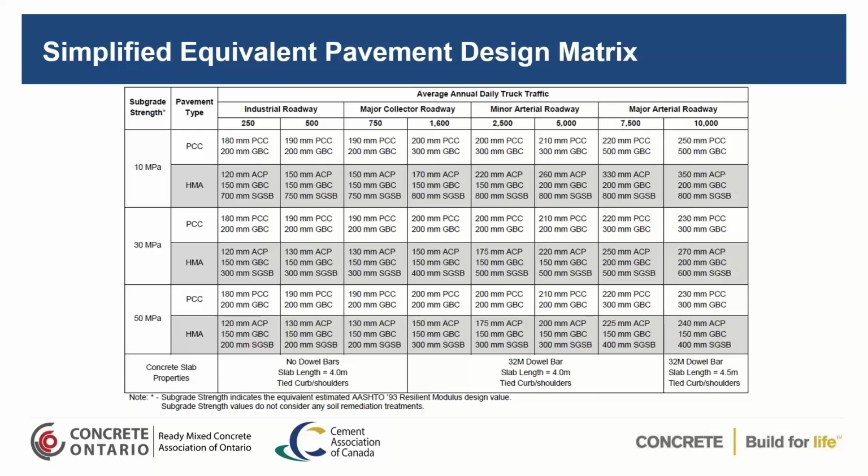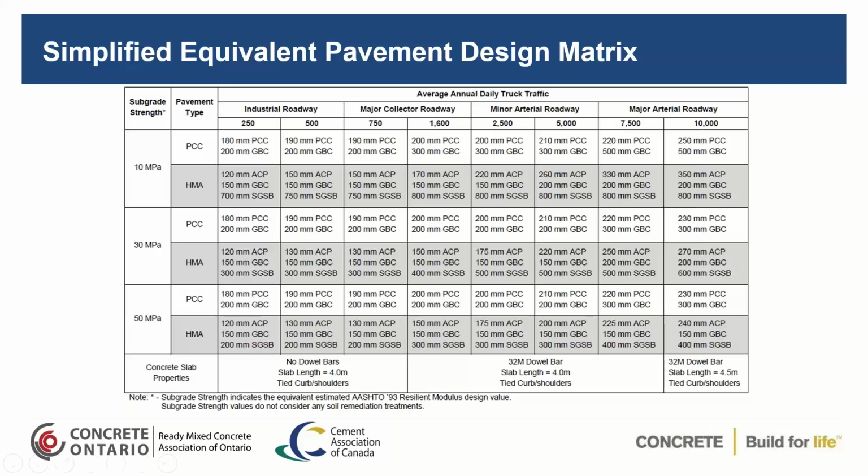Another procedure that's available, and I like to use this when I'm trying to do equivalent pavement designs and I want to compare an asphalt versus concrete. This is the Ontario one that was produced by the ARA. There's other ones that have been done for various provinces that were done by Thurber Engineering.